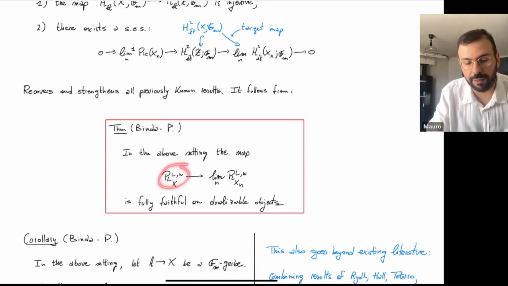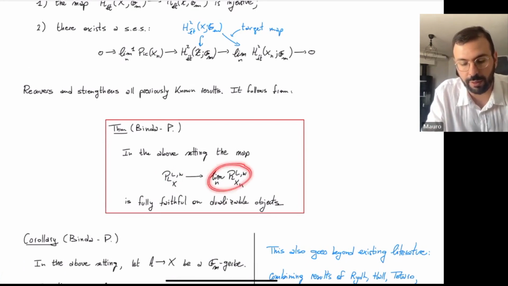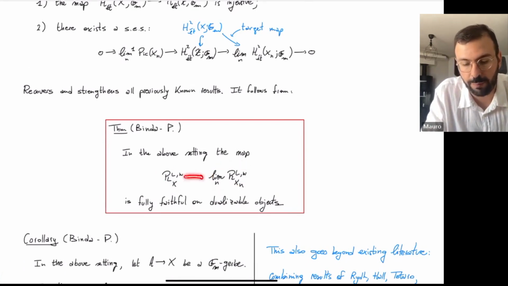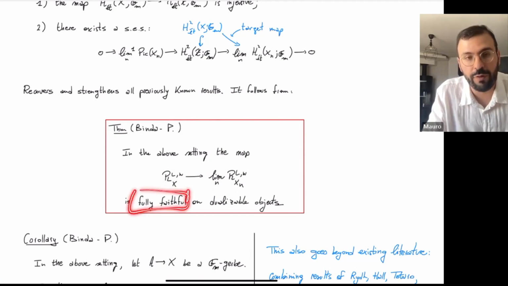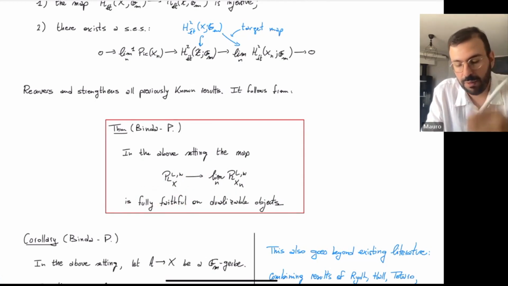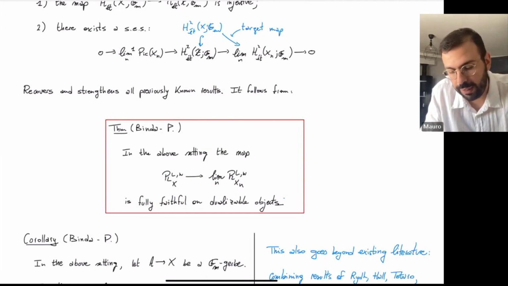We look at categorical sheaves. We look at the canonical comparison map, but at the categorified level. And we prove a fully faithfulness statement restricted to dualizable objects. I didn't say what they are, but the important thing is that invertible objects are inside. And so Azumaya algebras are inside.